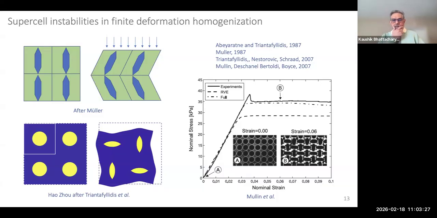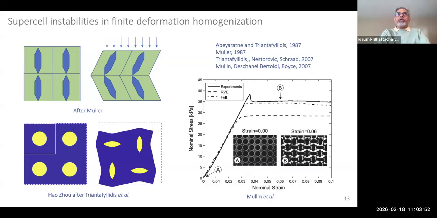So this kind of exploiting supercell instabilities is really one of the ways people are exploiting this. They call this mechanical metamaterials, but this is really an old phenomenon of buckling revisited in a heterogeneous material.